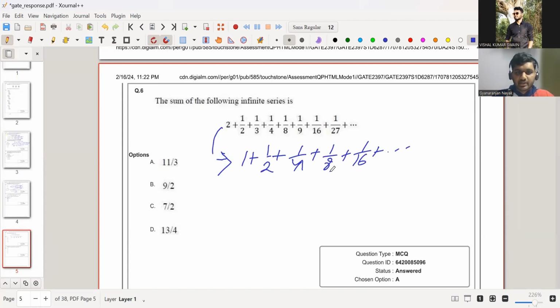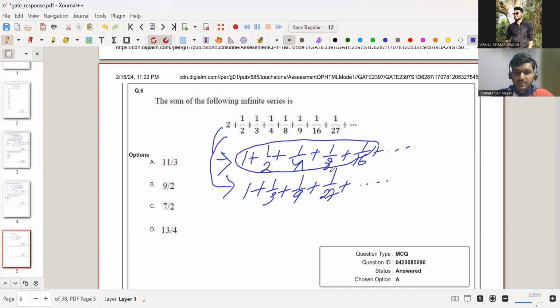And the second infinite series, that is 1 plus 1 by 3 plus 1 by 9 plus 1 by 27, etc. Okay, so you find this series is a GP series and the second series is also a GP series.